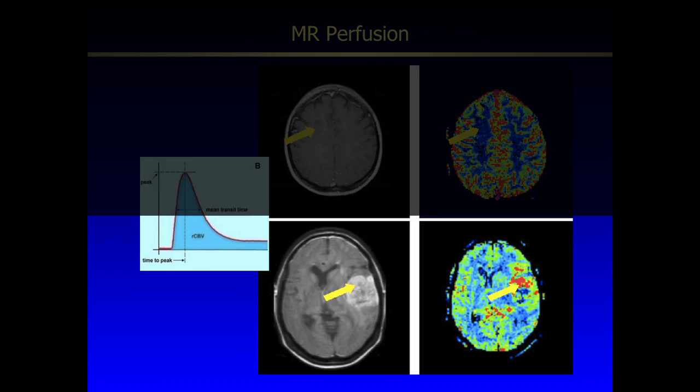That's not tumor, or that's not recurrence. However, here, on the same patient, you see down here that it's red. That means there's a lot of blood flow going through there. Tumors love blood flow. They recruit blood flow. They need that metabolism. They need that sugar. So you can see here that this area turned out to be recurrence. So MR perfusion is another tool that we have.